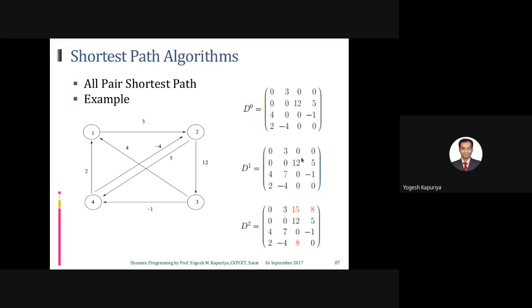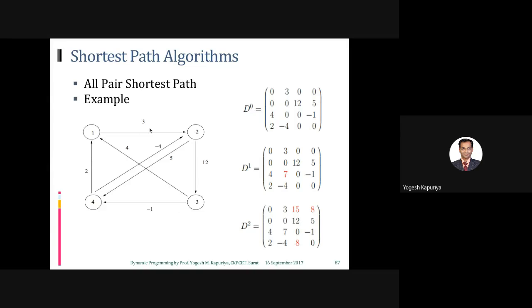Like this, obviously this is all pair shortest path, so this matrix will be a sparse matrix. It will not be dense. The majority of the values will be either 0 or something like that, because there does not exist a path between every pair of vertices, so in that case that distance will be 0.